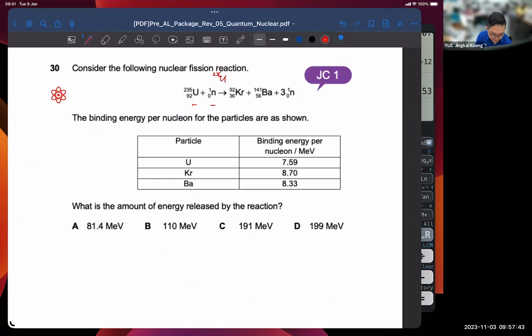Uranium-236 is already unstable, but because your incoming neutron brings in kinetic energy as well, this makes it even more unstable. So this uranium-236 is a very temporary step before it breaks down to give you your krypton, barium, and 3 neutrons.